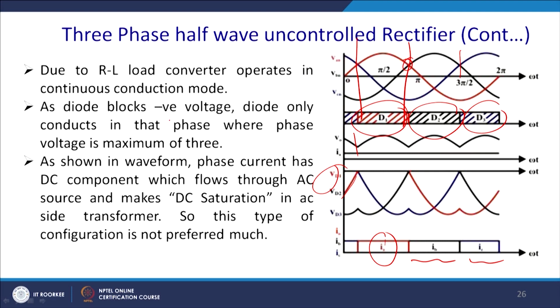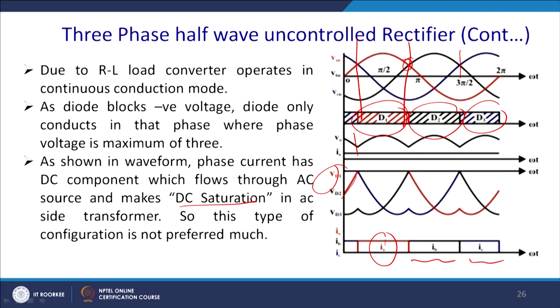As the diode blocks the negative voltage, the diode only conducts in that phase where the phase voltage is the maximum of these three. As shown in the waveform, the phase current has a DC component which flows through the AC source and makes a DC saturation in the AC side of the transformer.